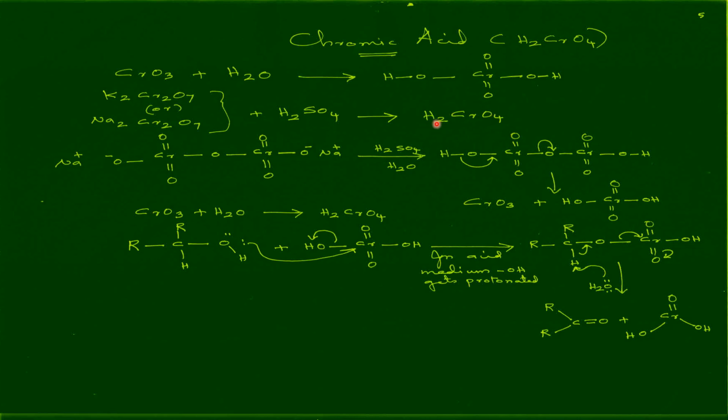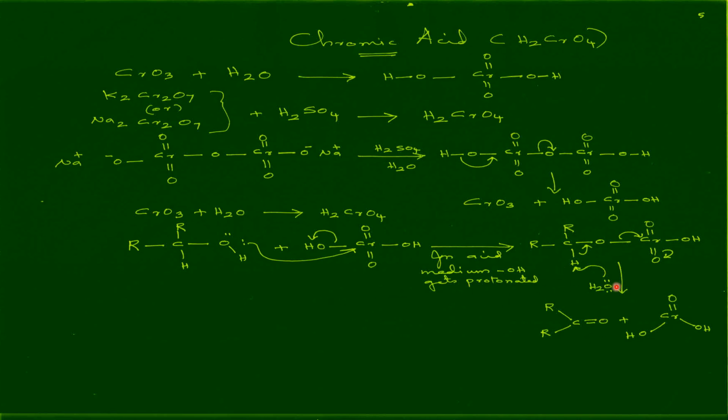How we get chromic acid from sodium or potassium dichromate on treatment with sulfuric acid is shown here. This chromic acid oxidizes a primary alcohol to aldehyde, and that aldehyde further undergoes oxidation to carboxylic acid, and it oxidizes secondary alcohols to ketones.